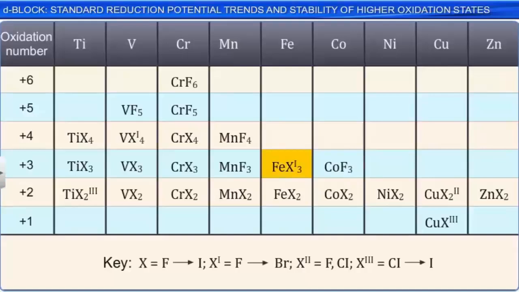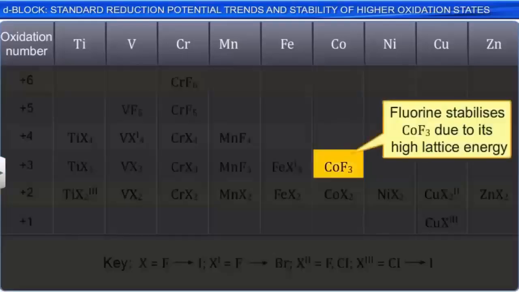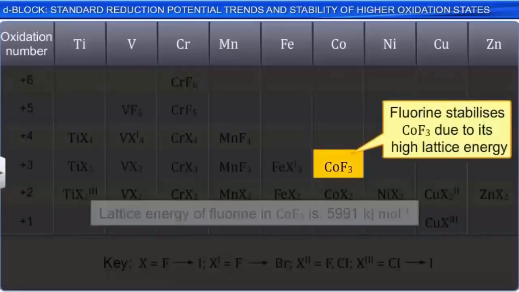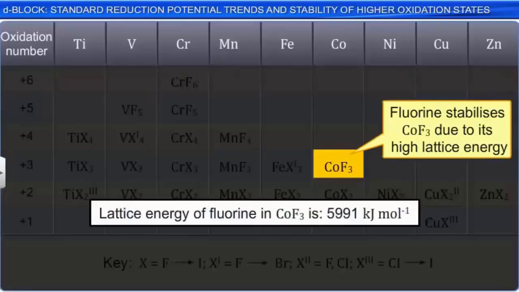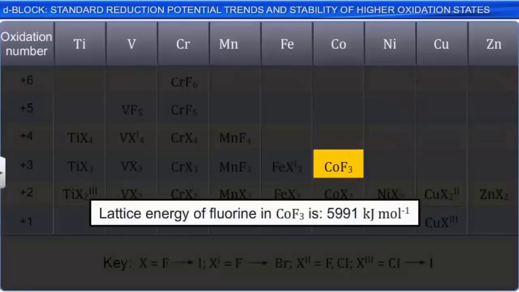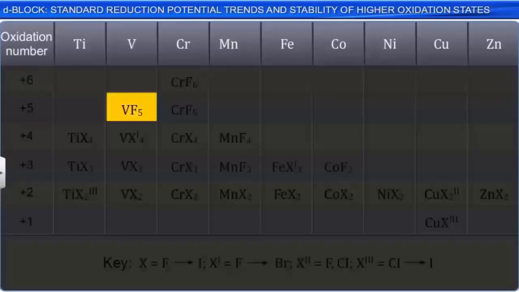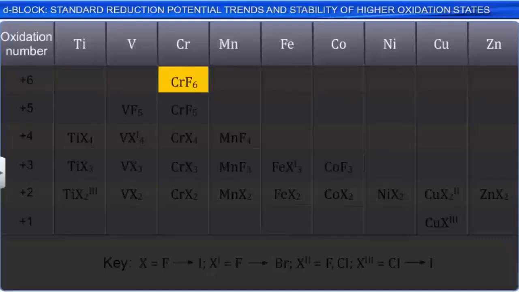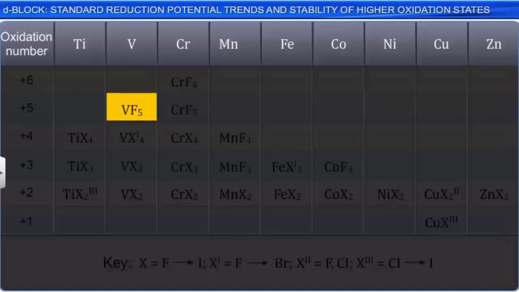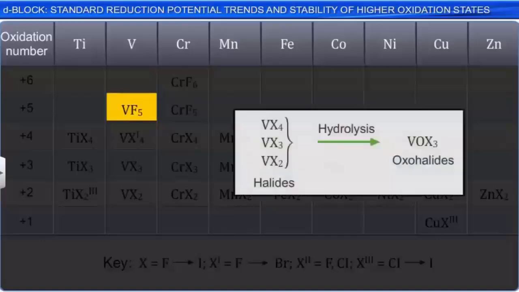Fluorine stabilizes higher oxidation states either because of its higher lattice energy, as in the case of cobalt trifluoride, or higher bond enthalpy, as in the case of vanadium pentafluoride or chromium hexafluoride. Thus, vanadium pentafluoride is stable, while the other halides undergo hydrolysis to give oxohalides of the type VOX3.